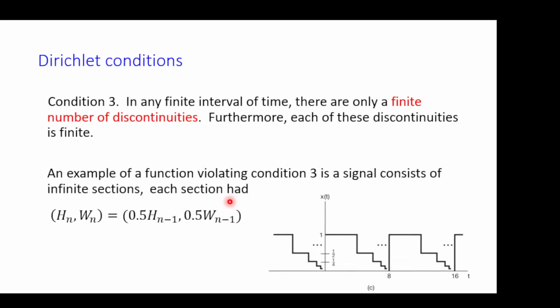If there's no question, then let's see condition 3. Condition 3 is even more crazy. Condition 3 means that, once again, in a finite interval, basically in one period, you only have a finite number of discontinuities. And your discontinuities must be finite.